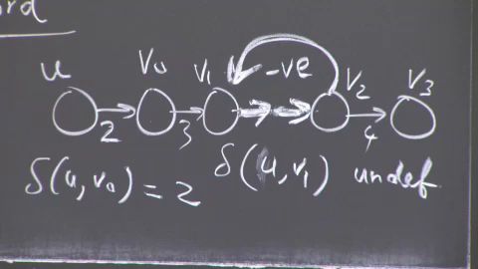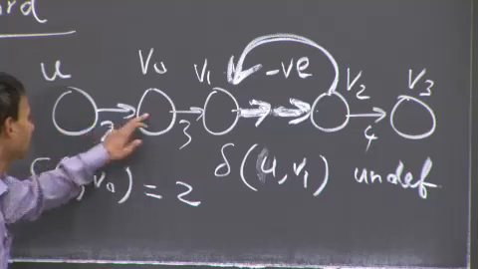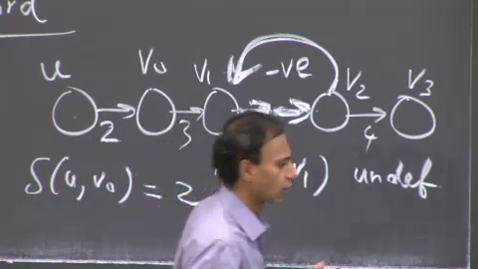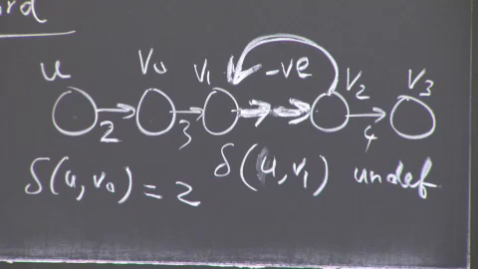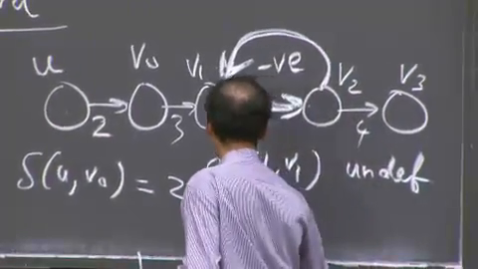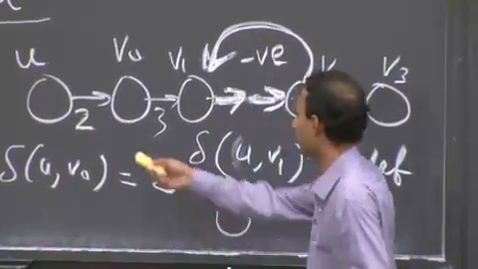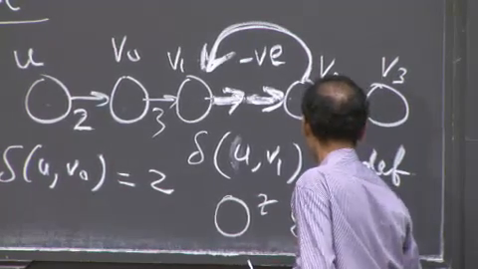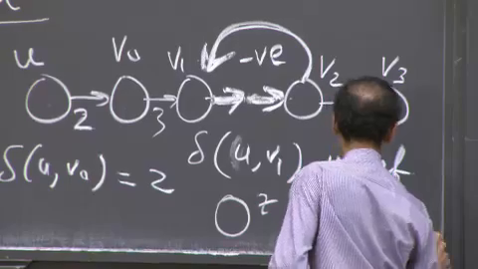And there's a simple path of length 1 in this case that gets you from u to v0. You don't encounter a cycle or a negative cycle in between, so that's cool. All right? And of course, if you have a vertex over here, z, that can't be reached from u, then we're going to have delta u z being infinity.